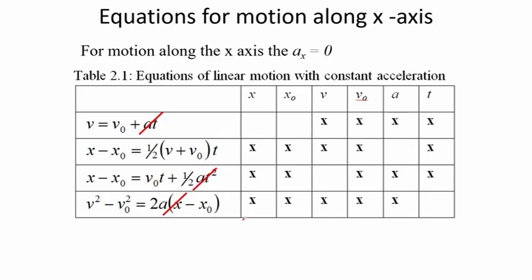Recall the equations of motion along the x-axis. Incorporating the given assumptions and conditions of projectile motion, we can simplify these equations. We note that the acceleration along the x-axis is 0 and the velocities along the x-axis are the same, or v0x is equal to vx.